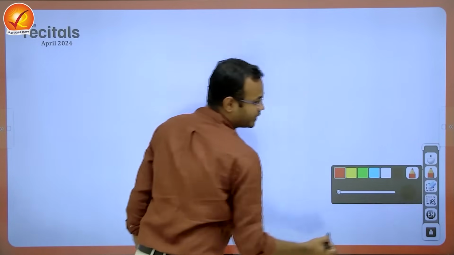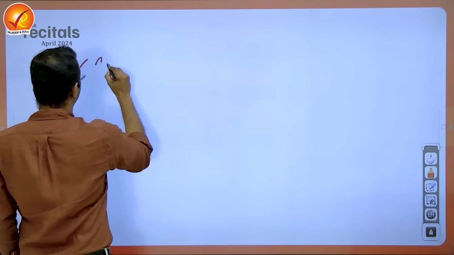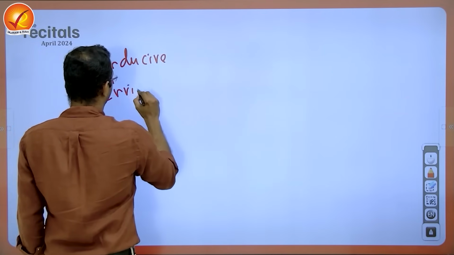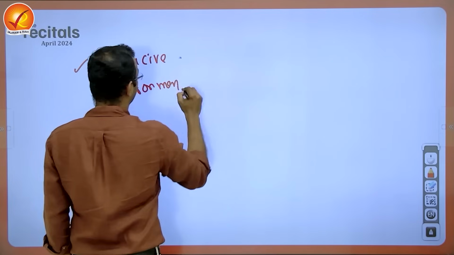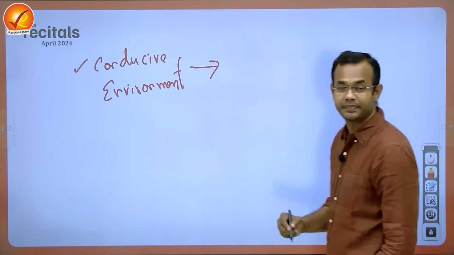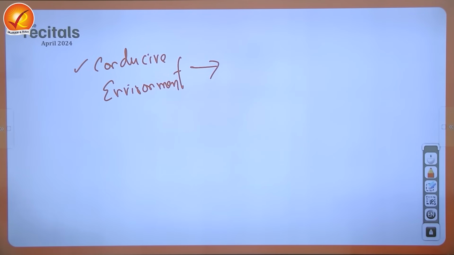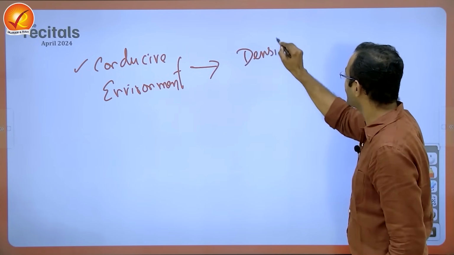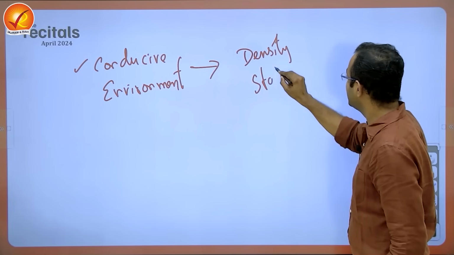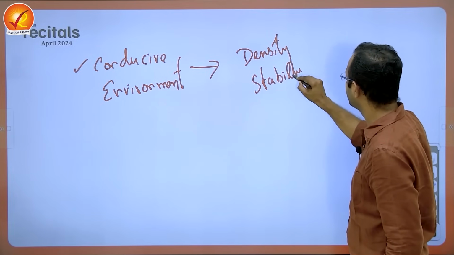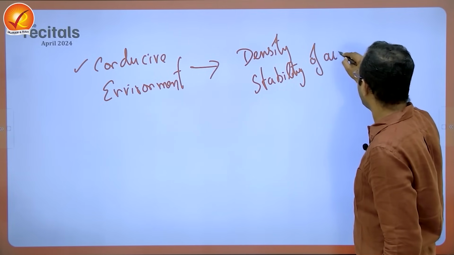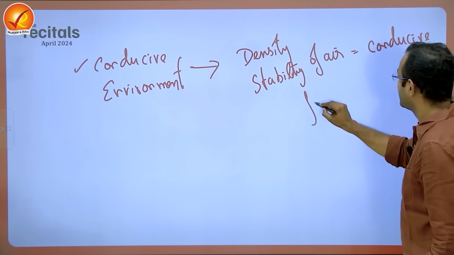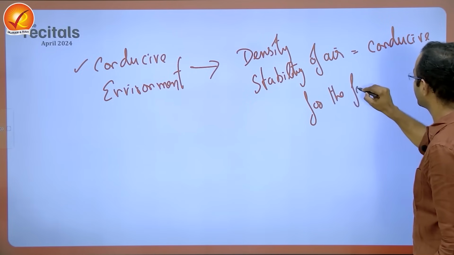Number two, it also requires a suitable or conducive environment in which the density and stability of air are conducive for the formation of rings.